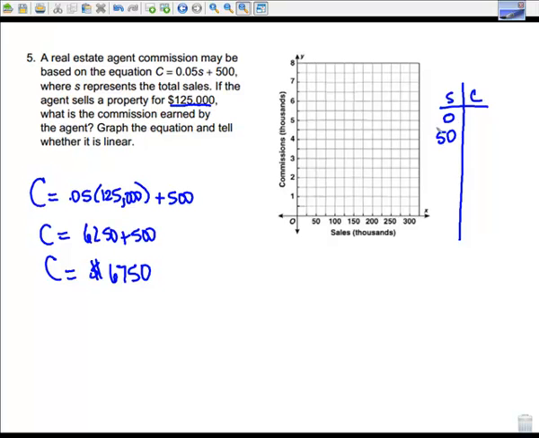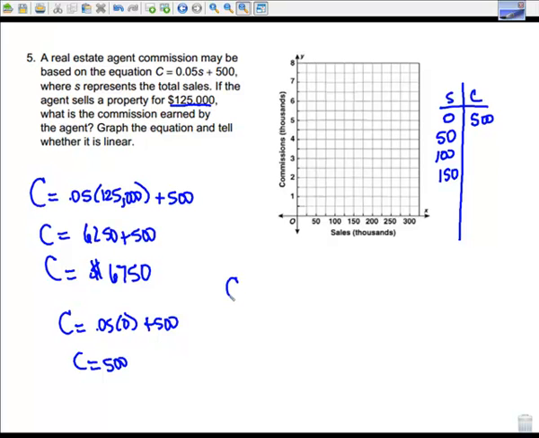But when I plug it in, I'm plugging in 50,000, 100,000, 150,000, etc. And I have to understand that my answer is going to come out in thousands. So if I plug in 0, I end up with just $500.